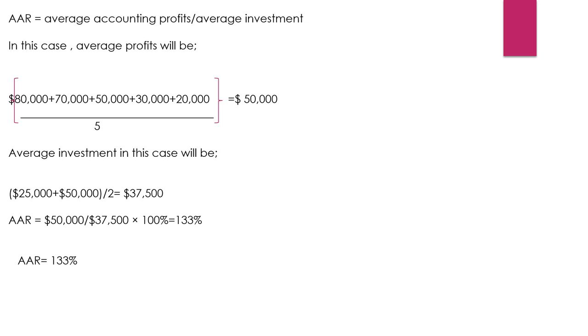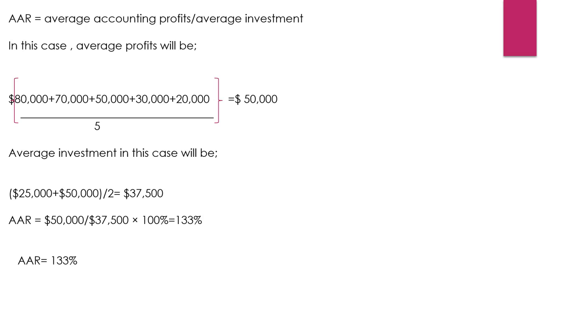First year it was $80,000, plus $70,000 for the second year, plus $50,000 for the third year, plus $30,000 for the fourth year, plus $20,000 for the fifth year. Finding the average, you divide it by the 5 years.